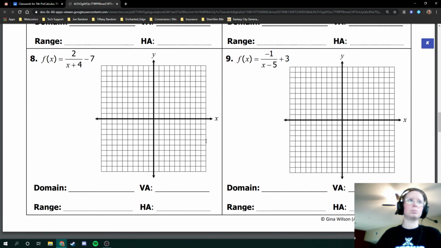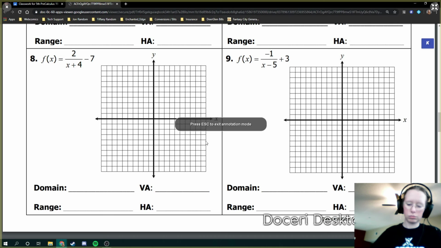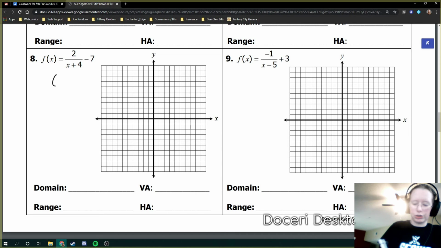And number 8. So this one's going -4, -7. So I'll start there. So -4, -7.